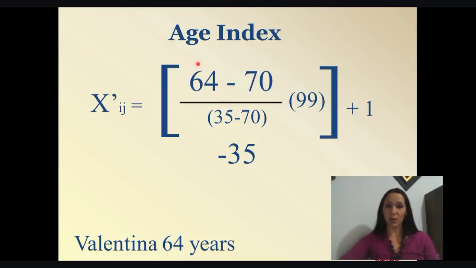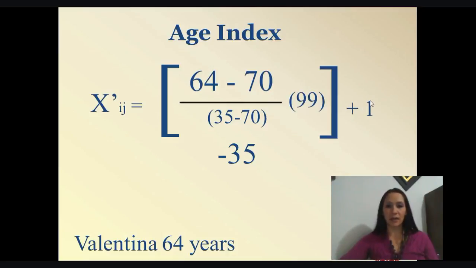That is the number that I want to transform into an index number. Then it's going to be the maximum number in the data that I have. Then I'm going to have the minimum number minus the maximum, that is going to be minus 35. This calculation is going to be multiplied by 99 and then plus 1.